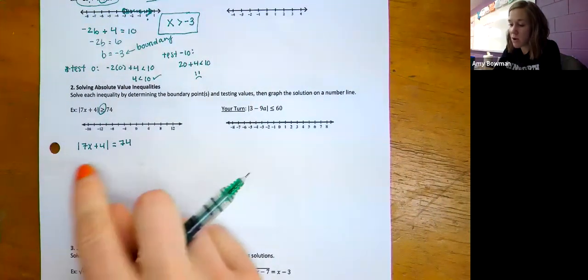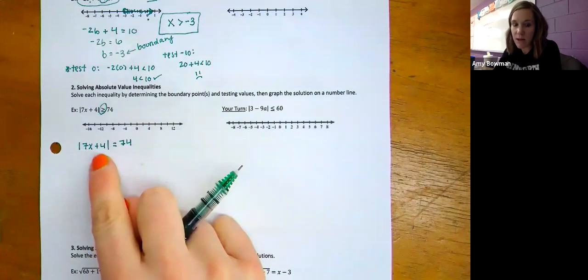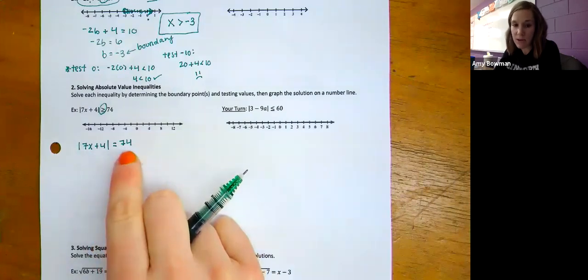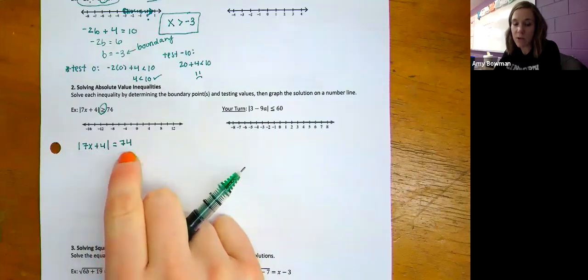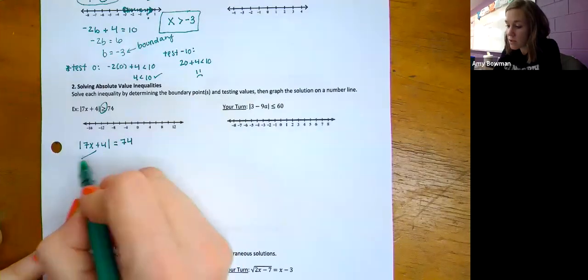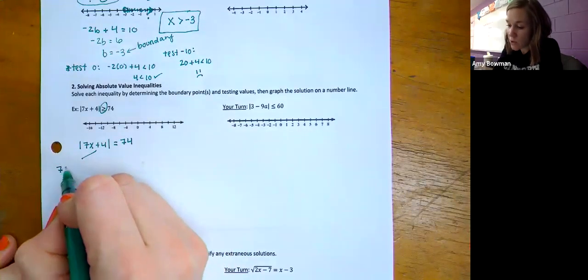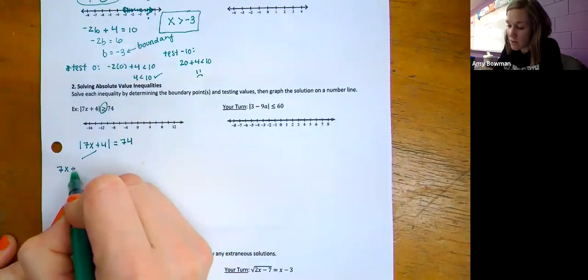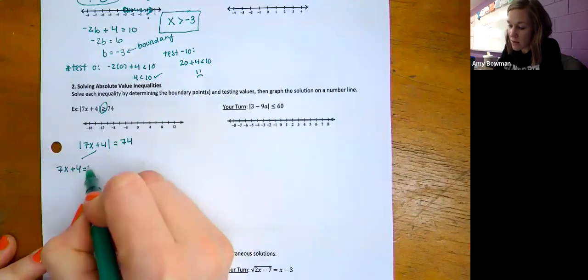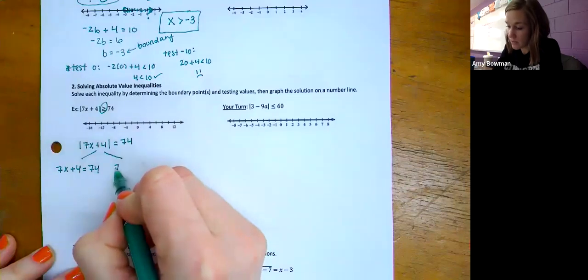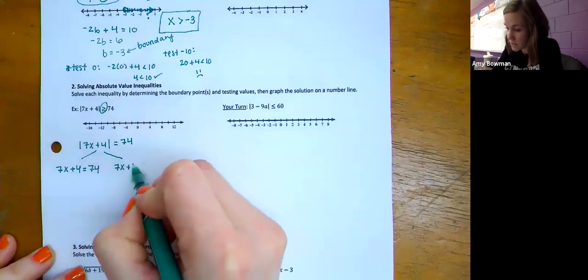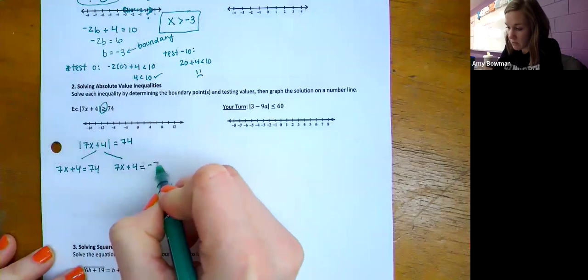So if I'm talking about whatever's on the inside of this absolute value being 74, this whole thing, 7x plus 4, is 74 units away from 0. That means 7x plus 4, if it's exactly 74 units away from 0, then it could be either positive 74 or the other number that's exactly 74 units away from 0, which is -74.